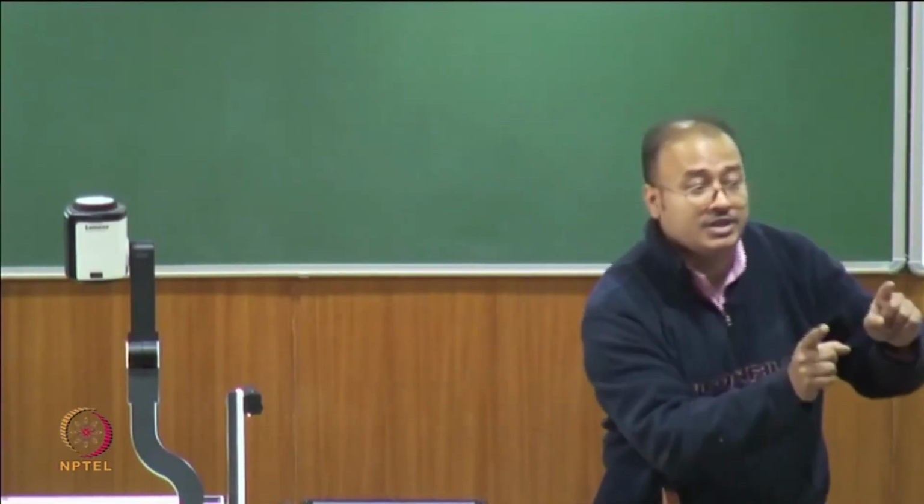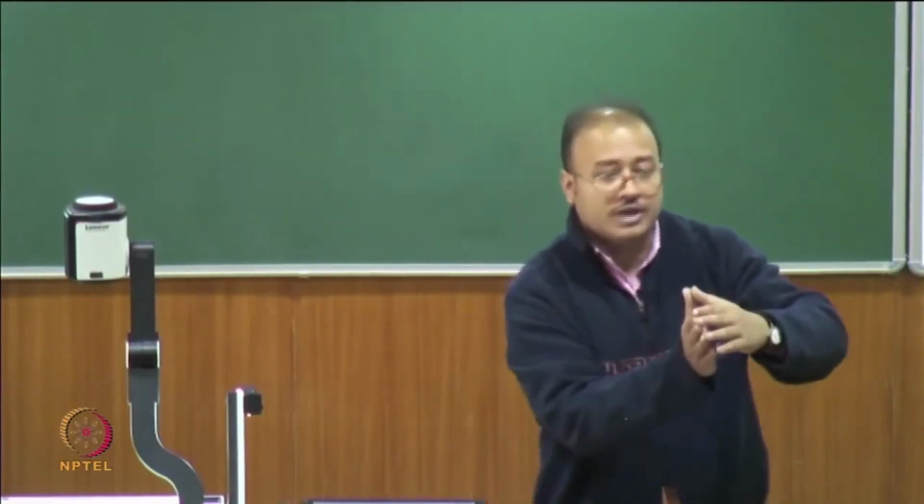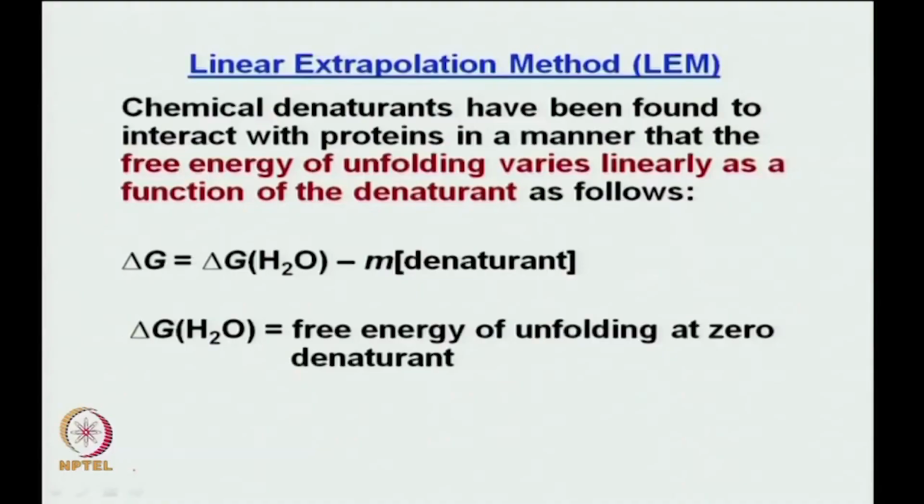If I get delta G in the transition region for a series of denaturant values where I have appreciable amounts of denaturant present along with the native state, and then if I am able to extrapolate it linearly to my y axis, which is essentially my delta G, then that extrapolation at 0 point, essentially where x is equal to 0, should give my delta G H2O, is not it, because it is a linear curve.